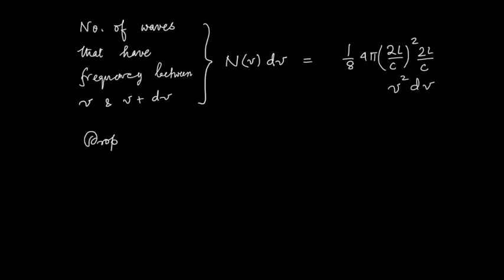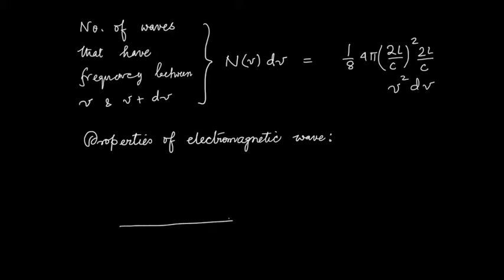But there is one more catch. The catch is coming from the properties of the electromagnetic waves. So let us discuss it a little bit here. You will learn it in the next semester in detail. If a wave is going in this direction, let's call it the z direction, the electric field of the wave is a vector.